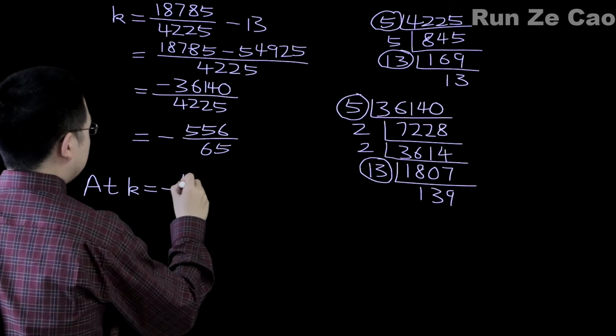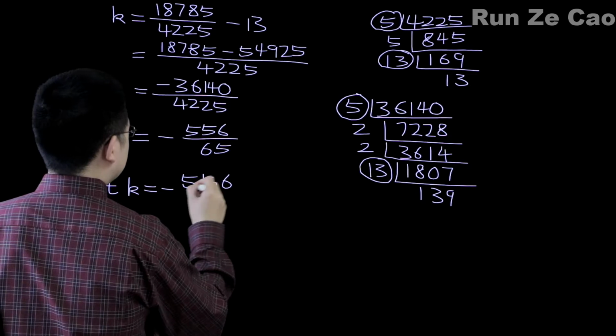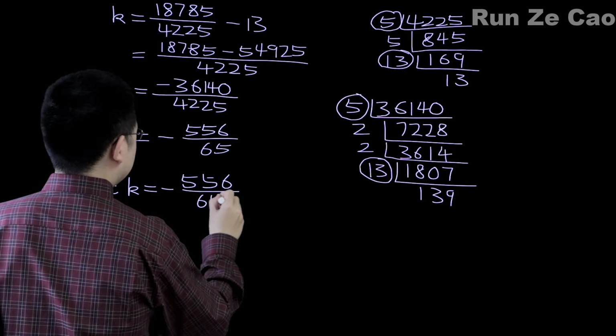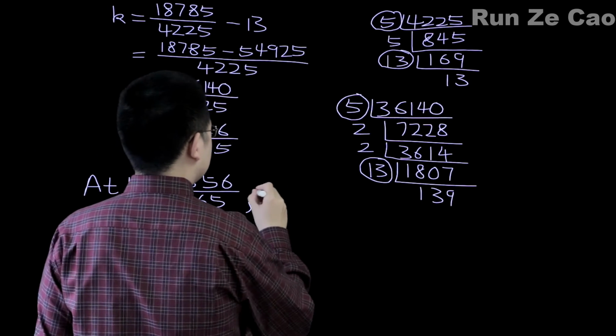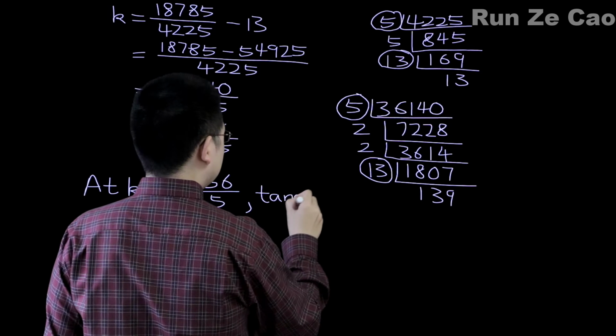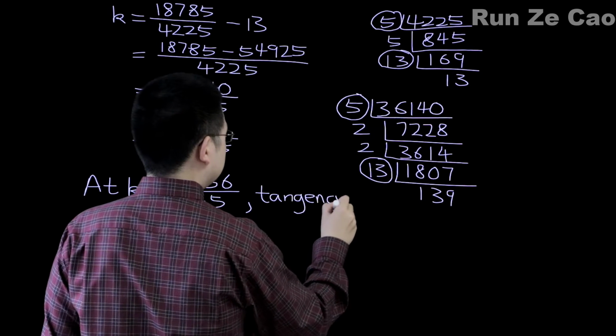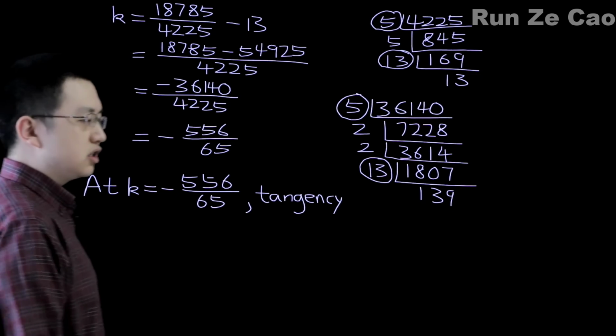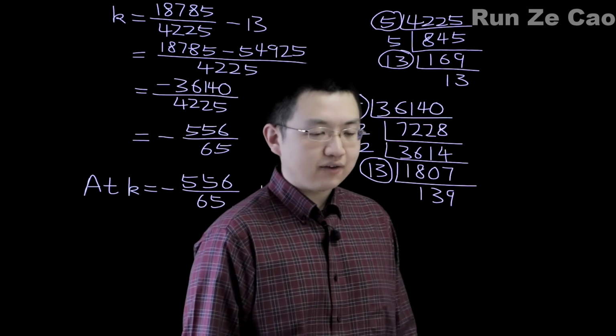K equals negative 556 over 65, tangency.